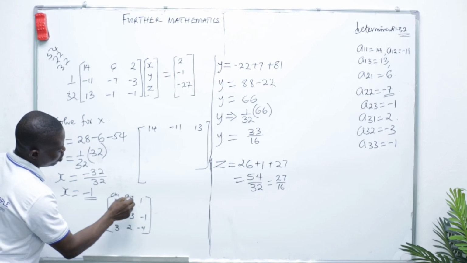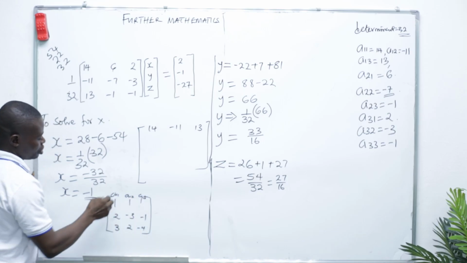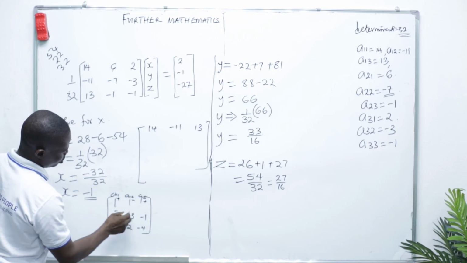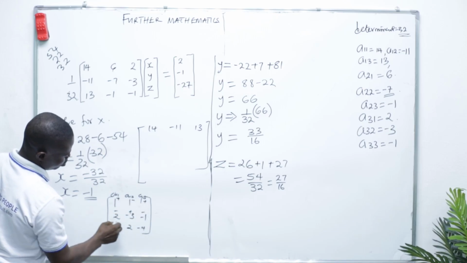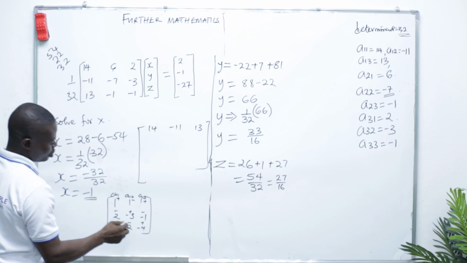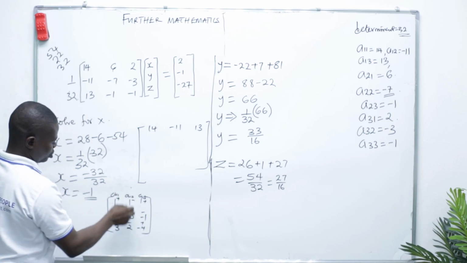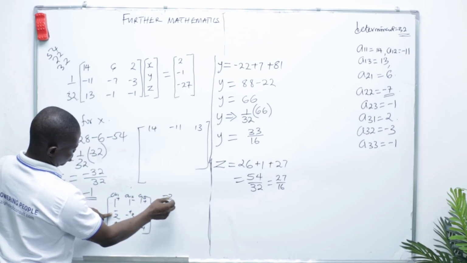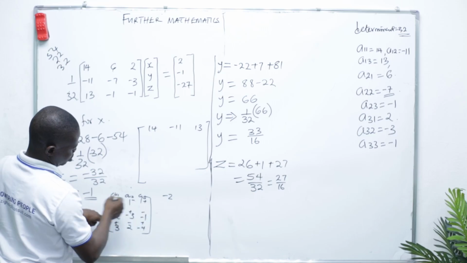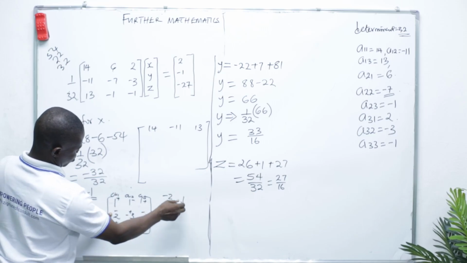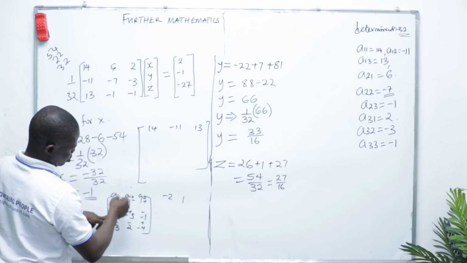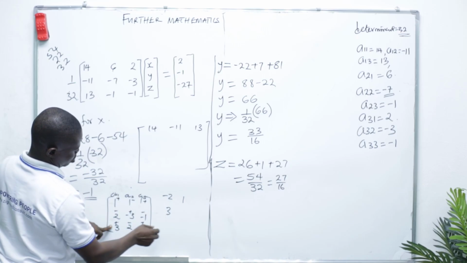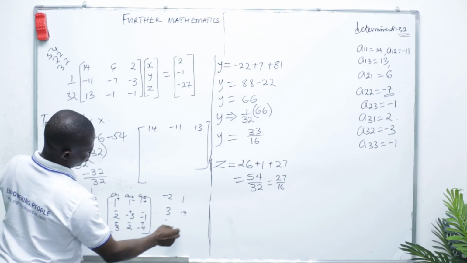A11, A12, A13. Plus, minus, plus, minus, plus. A12: minus 2, 1, 3, minus 4.